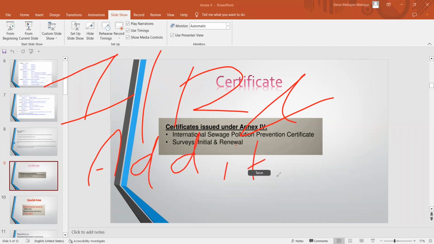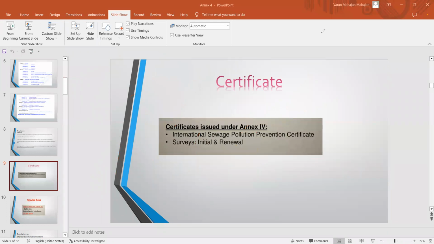Initial, renewal, and additional. These are the surveys under this annex. So we carry out an additional survey when a repair or modification has happened. Whenever you are carrying out any work on your STP which is not given in your manual, that is, apart from routine maintenance, if you are carrying out any other job, you have to go for an additional survey.